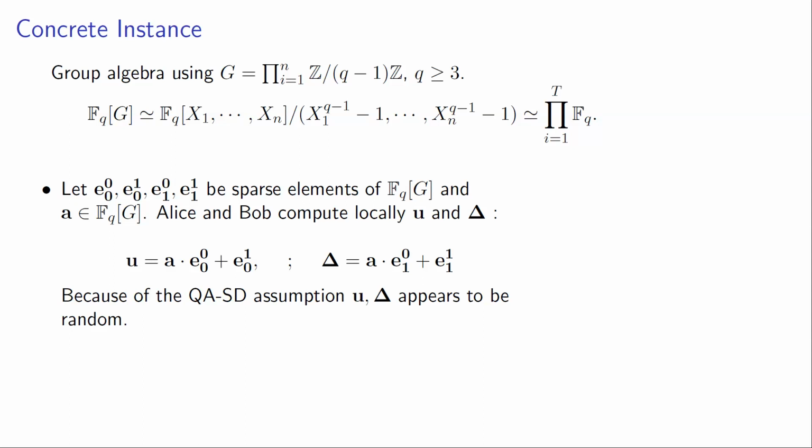And how to create a single OLE over it? As you may remember, in the beginning I said that an OLE is: I give an element to Alice, an element to Bob, and a sharing of the product of the two. That it is a sharing. So Alice and Bob can create U and delta as follows.